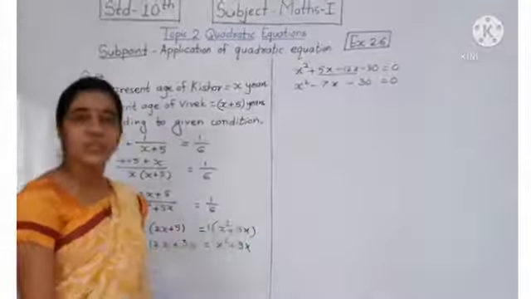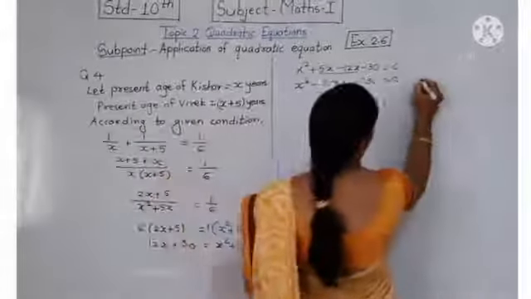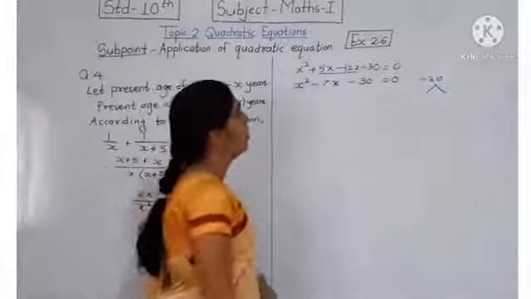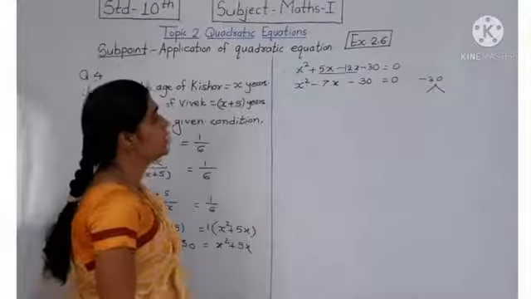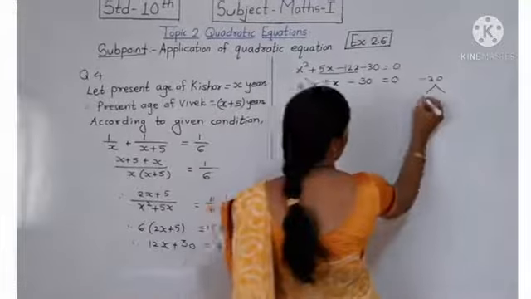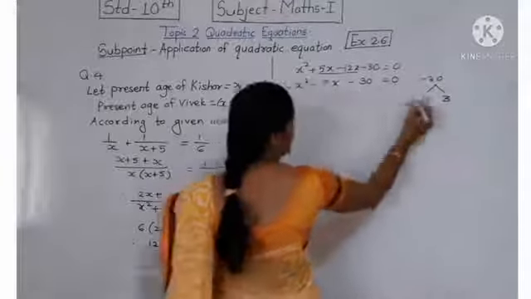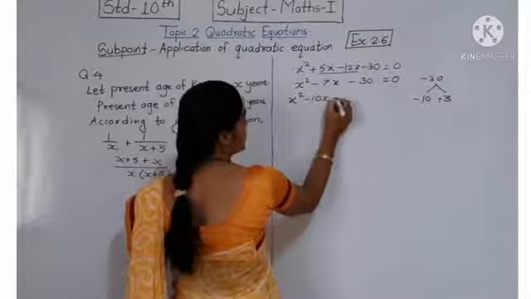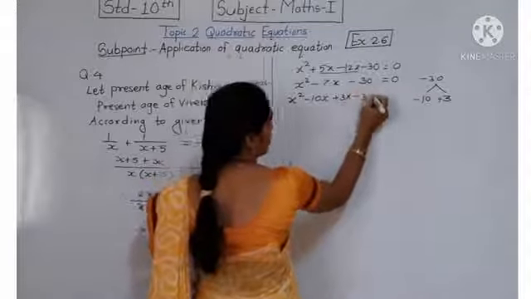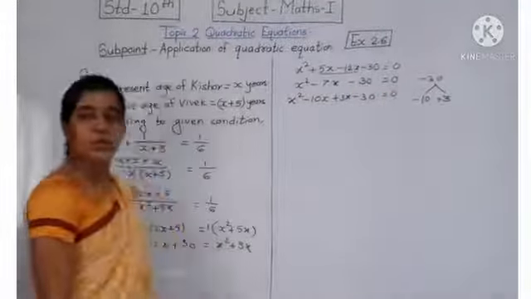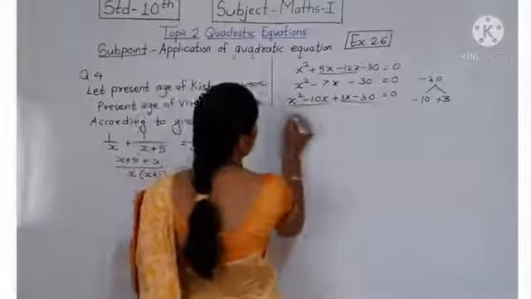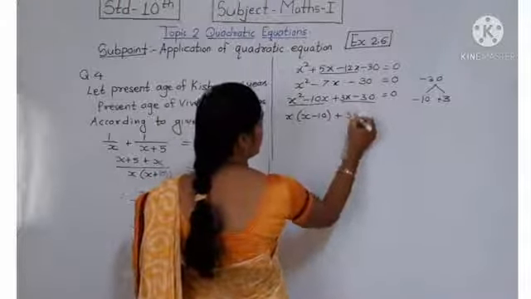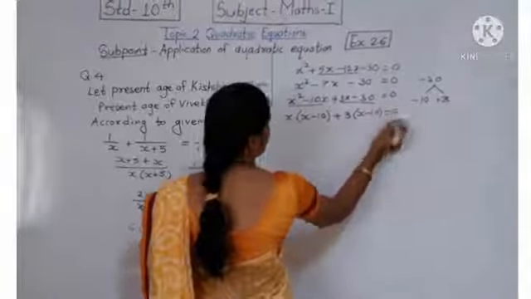You can factorize this using the factorization method. Minus 30, factors of 30 whose subtraction is 7. What are the factors? Their subtraction becomes 7: 10 and 3, these make 30. Opposite sign, minus plus. Therefore, here common is 3, x minus 10 is equal to 0.